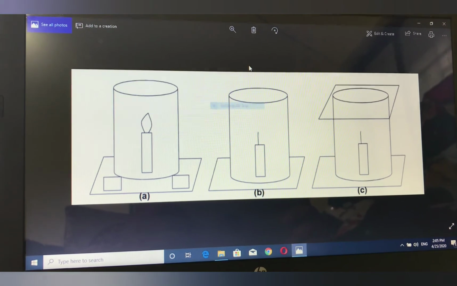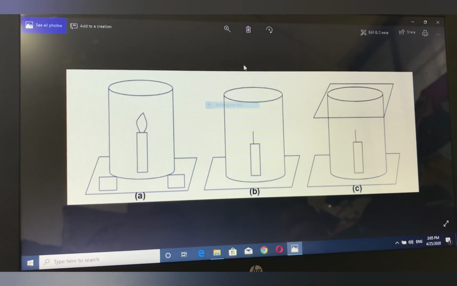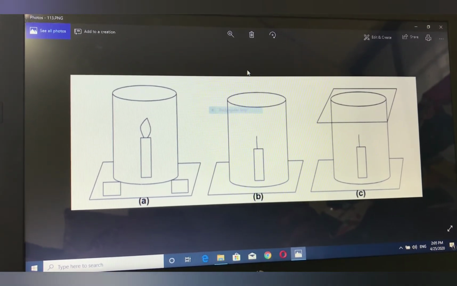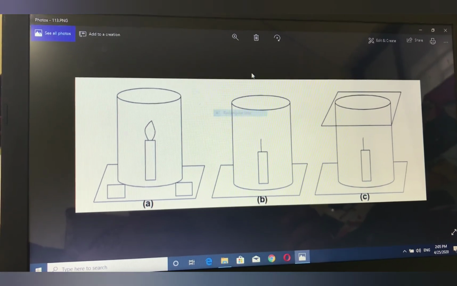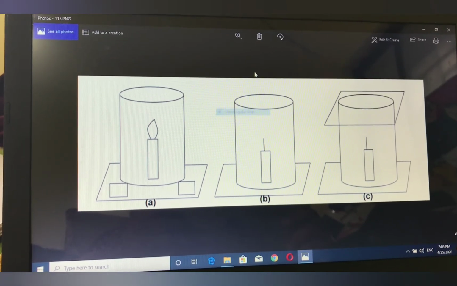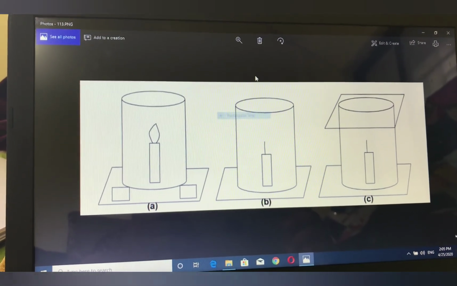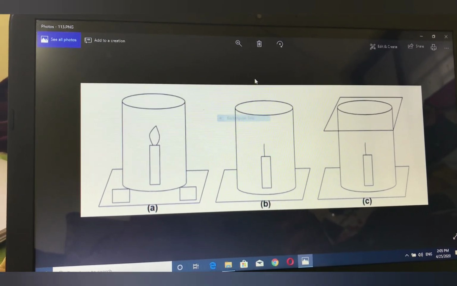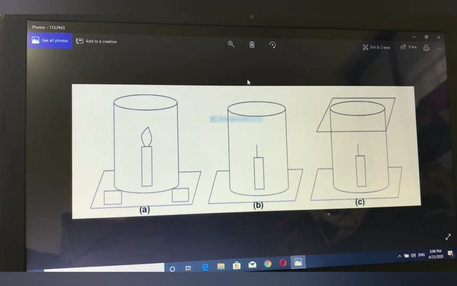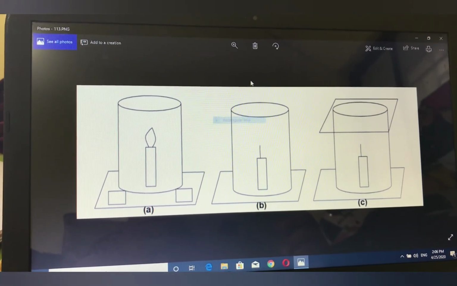In the first one, you can find that on a floor there are certain wood pieces, and on those wood pieces there is a glass tumbler or chimney, and in these three cases the candle is burning in the first instance.